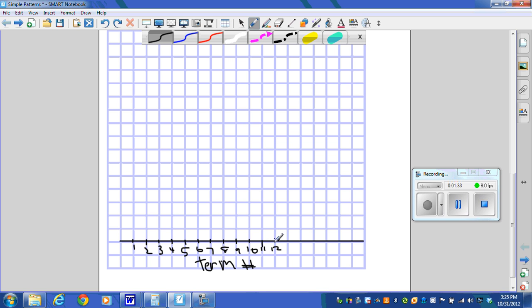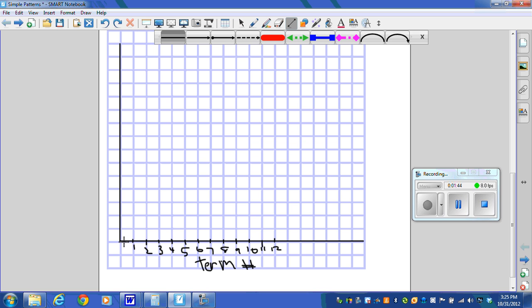Now, we have to construct our y-axis. This is going to be our value, always our value. Where these two lines meet is always 0.